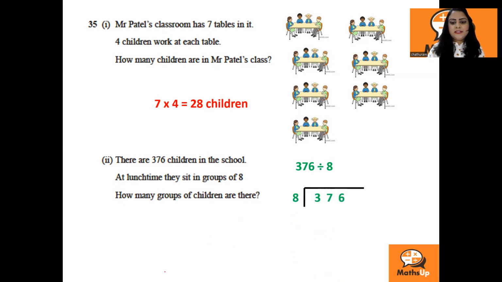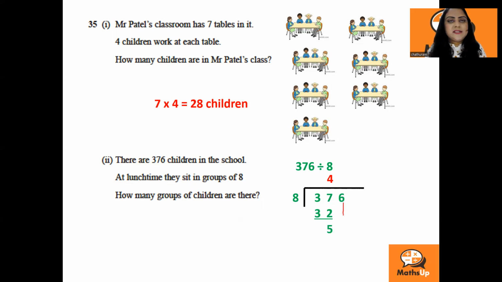Right. Now, if you take 3, there are no 8s. So therefore, you are taking both the numbers, 3 and 7, 37. So 37 has, yes, 4 8s. 4 times 8 is 32. So if you get the difference between 37 and 32, it's 5.